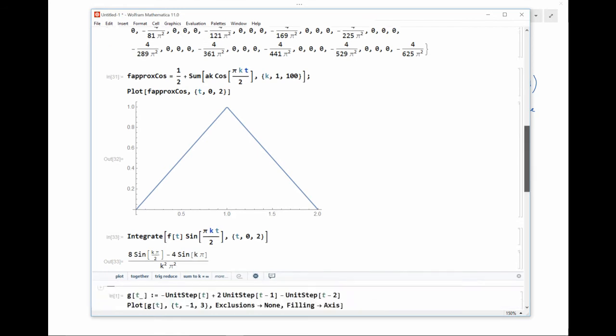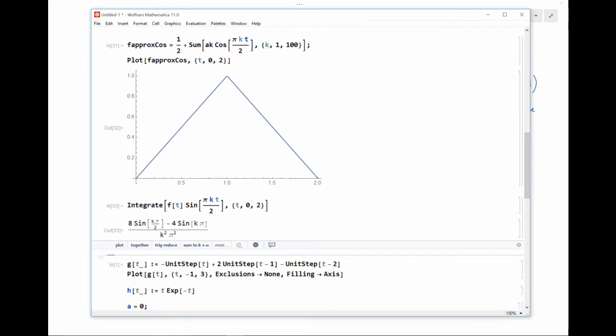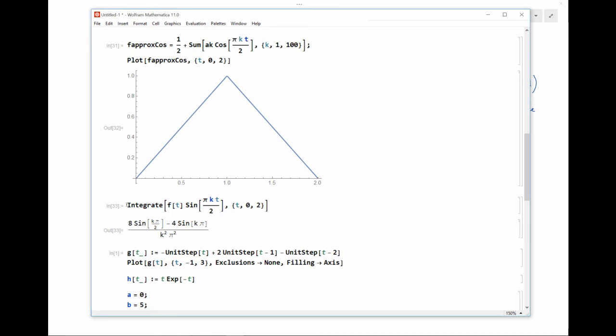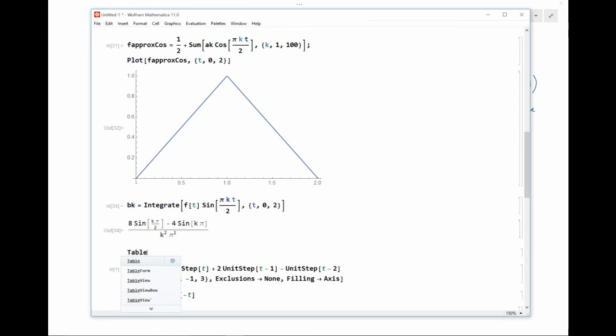Just as before, we get a quite complicated expression. So I'm going to call these coefficients bk and compute a few of them for k going from 1 to 30.